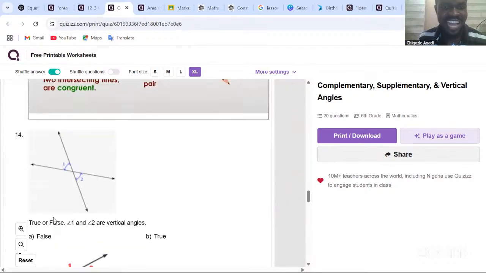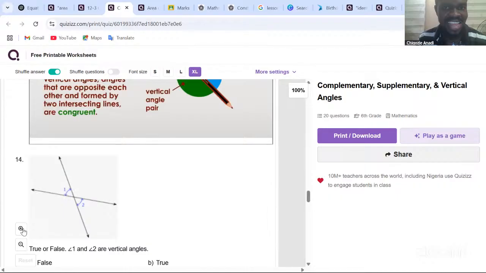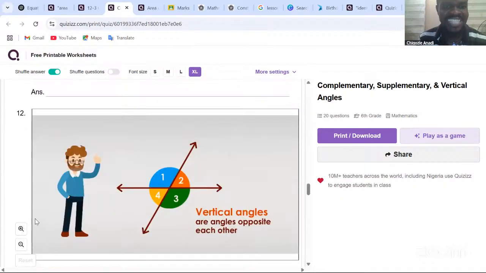We'll be looking at the last type of angle. We've talked about complementary angles. Chimamanda, what are complementary angles?